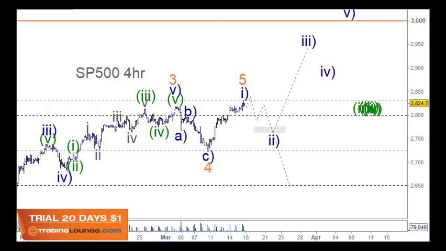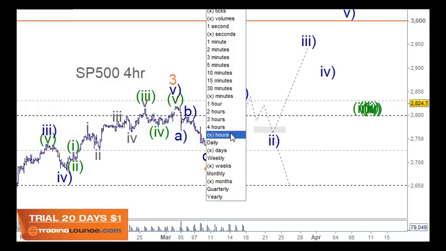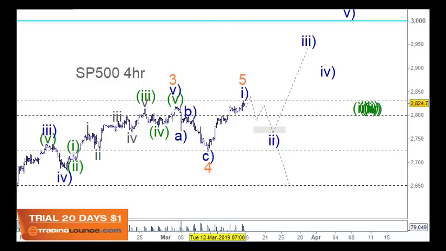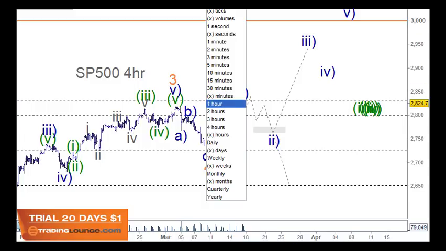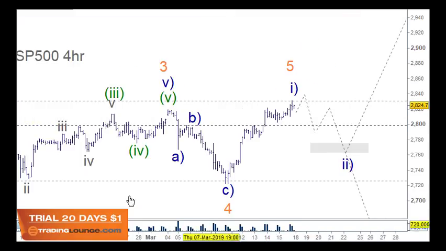That's strange. There's something weird going on with the charting program. I haven't seen that before, but I'm just going to leave it at that, because I'll probably have to close the program down and restart it at that point.